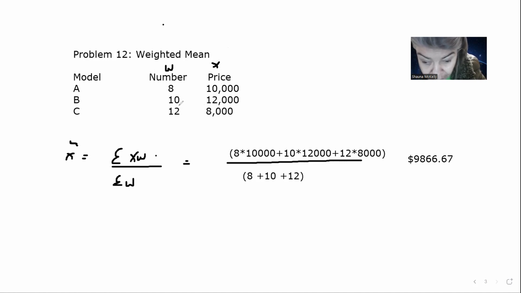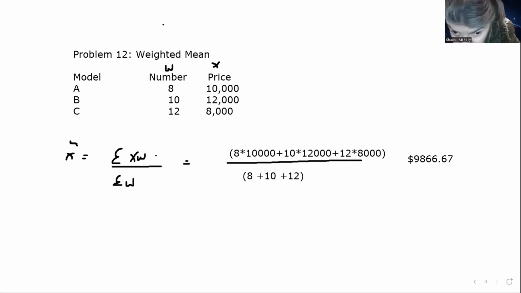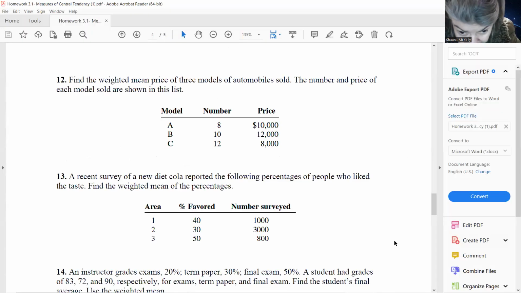Problem 12. All right. Let's look at 13. All right. A recent survey of a new Diet Cola reported the following percentages of people who liked the taste.